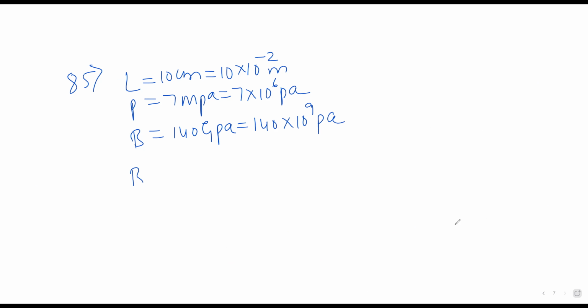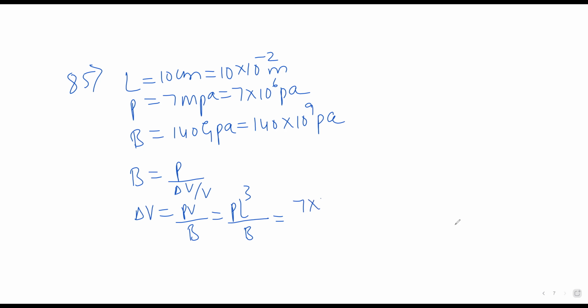So we know bulk modulus is given by P divided by delta V by V, or delta V is equal to PV divided by bulk modulus. P into L cube divided by B. And the volume is equal to L cube agutta.